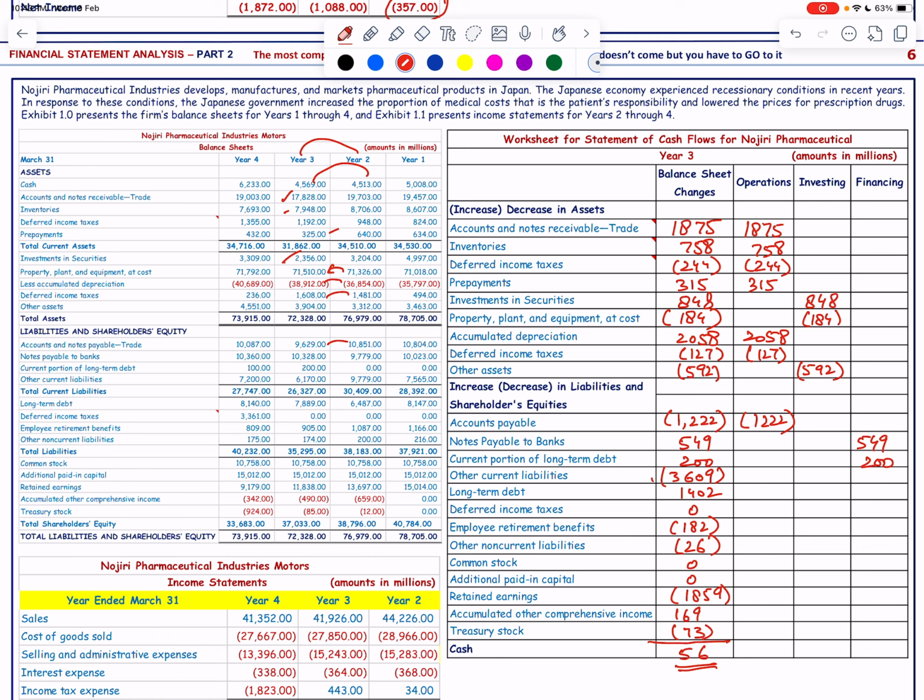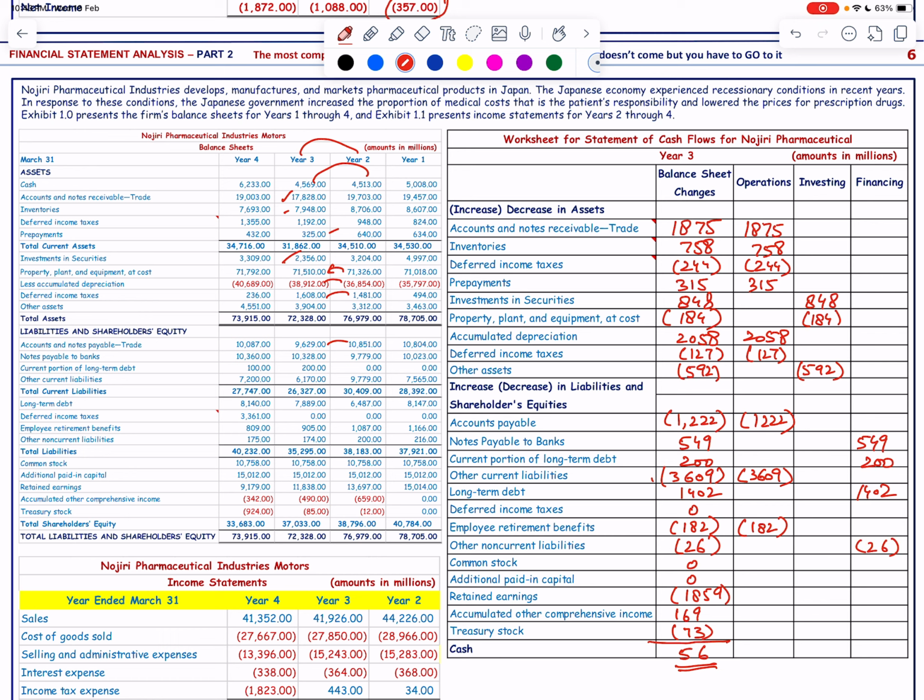Then other current liabilities is the operation, so that is minus 3609. Then we have the long-term debt, that is financing, 1402. Deferred we don't talk about, it is 0 already there. Then employee retirement benefits is for the operations, 182. Then we have other non-current liabilities, that is negative 26.